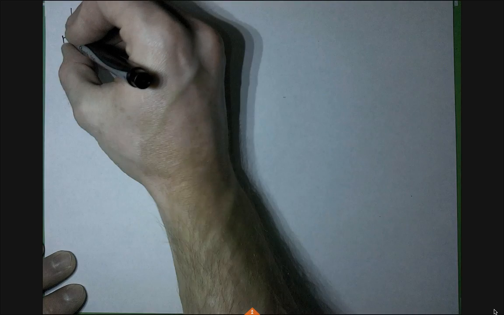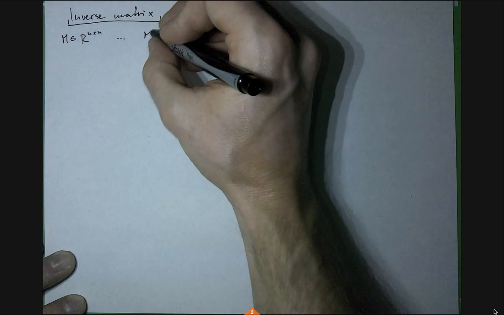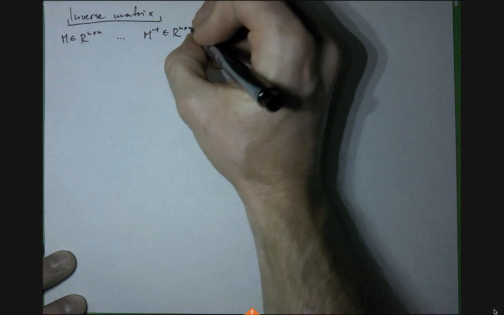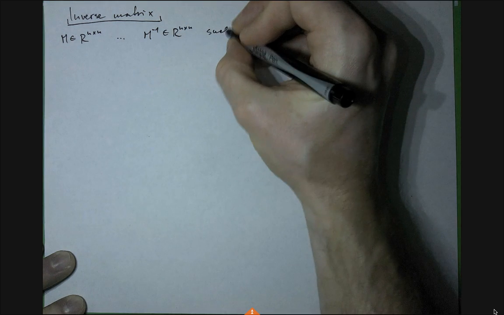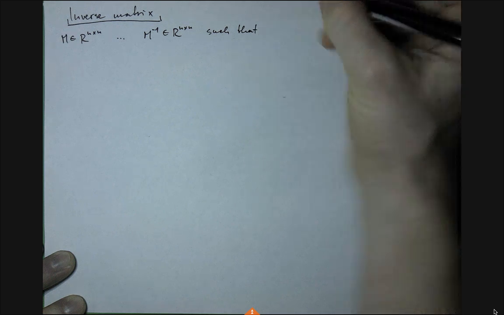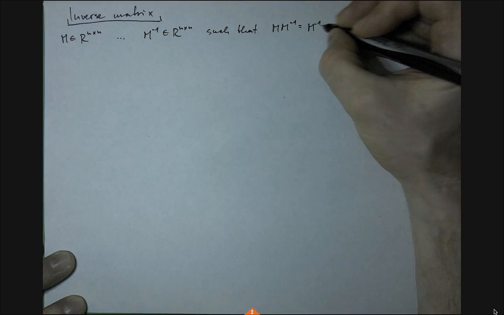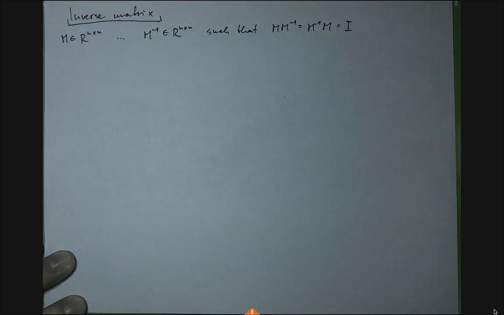But the idea of inverse matrix is no big deal. If I have a square matrix M, n by n, then we say that M inverse is also a square matrix n by n, such that M inverse M equals M M inverse equals the identity.